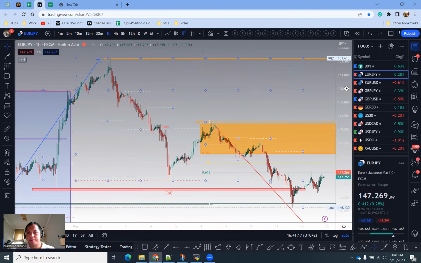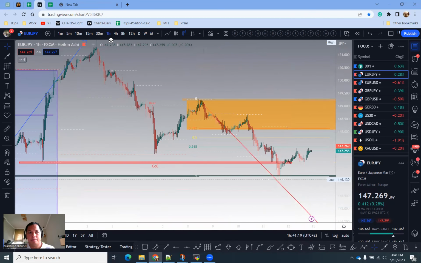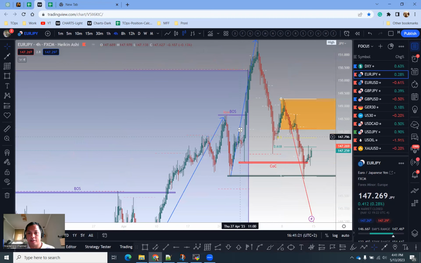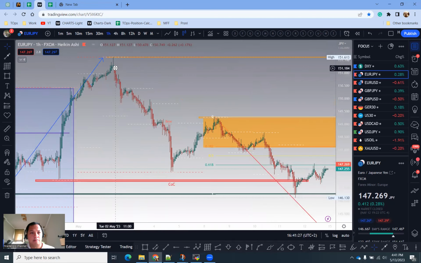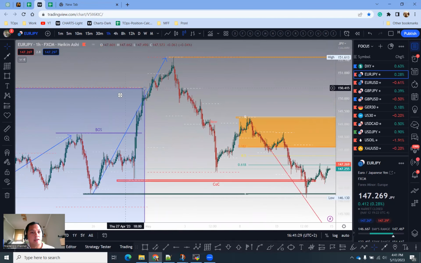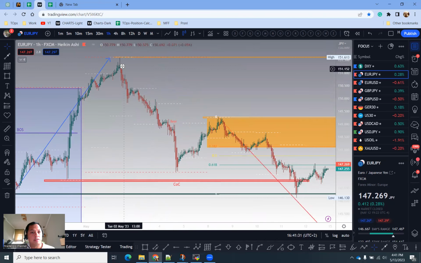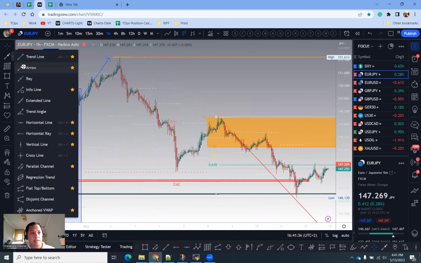So here, Euro JPY, bullish tayo sa high time frame. But as you can see here, kahit bullish yan sa high time frame, last week, patuloy yung bearish move.